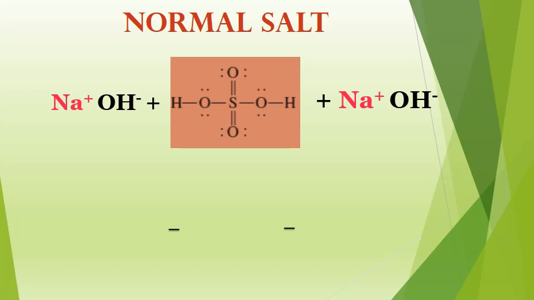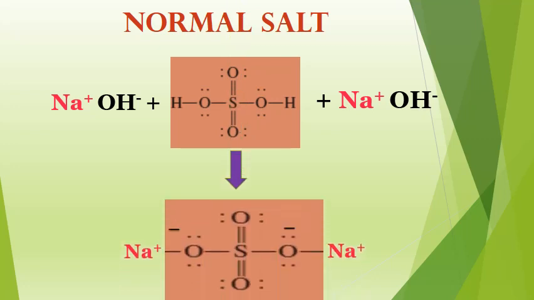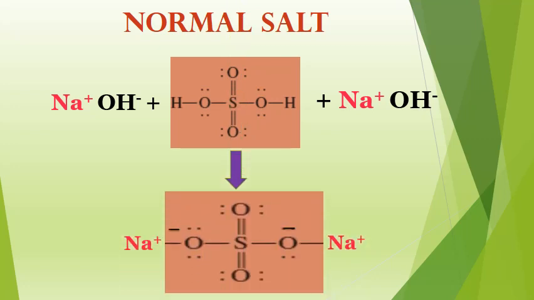This sodium ion, which is a basic radical, a metallic ion, replaces the ionizable hydrogen ion. And this sodium ion replaces this hydrogen ion, which is also an ionizable hydrogen ion. So both the hydrogen atoms present in sulfuric acid will now be replaced by 2 basic radicals, that's sodium ions. As a consequence, we get a normal salt. Here we got Na2SO4.